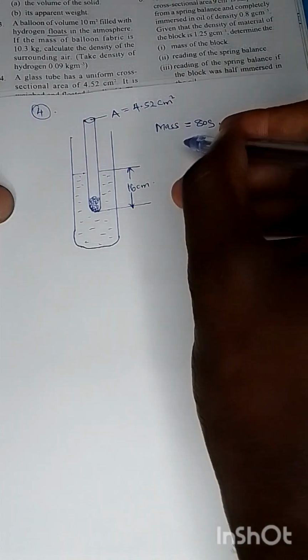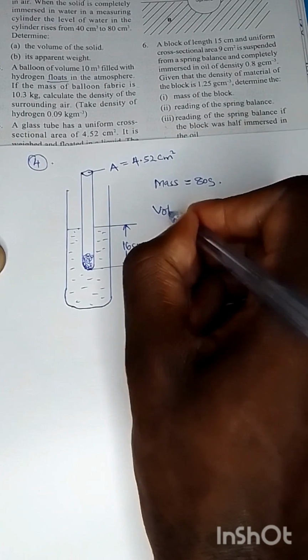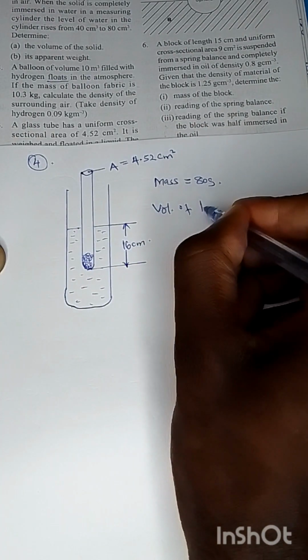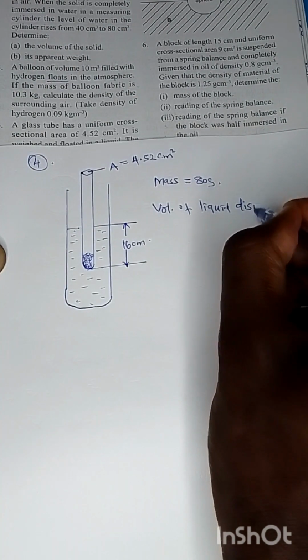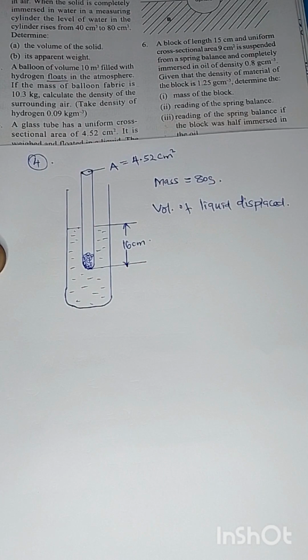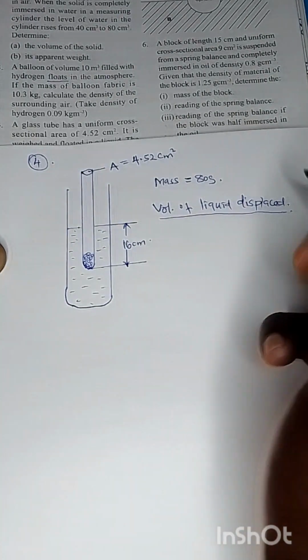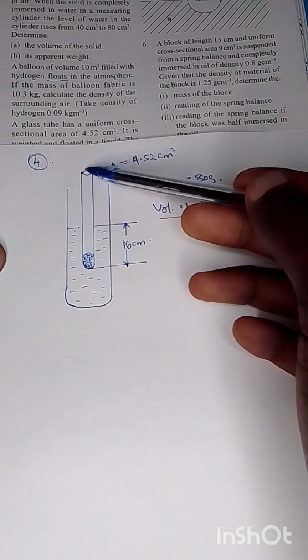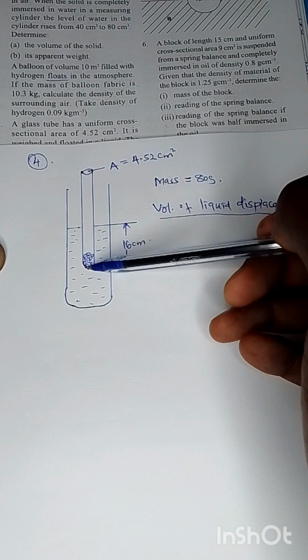Volume of the liquid displaced. And this one, I'm going to get it by multiplying the cross-sectional area of the tube by this length that is under the liquid.